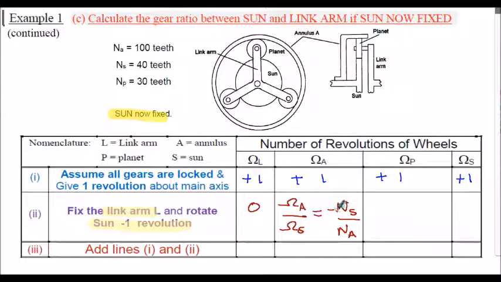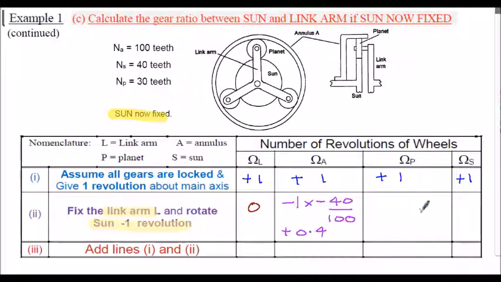What we're effectively doing in this box is transposing to find the speed of the annulus. So I'll put the figures in here: 40 teeth on the sun gear and 100 teeth on the annulus. That gives me double negatives, so that's going to be positive 0.4.